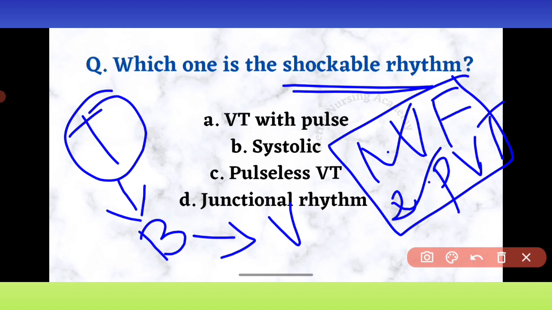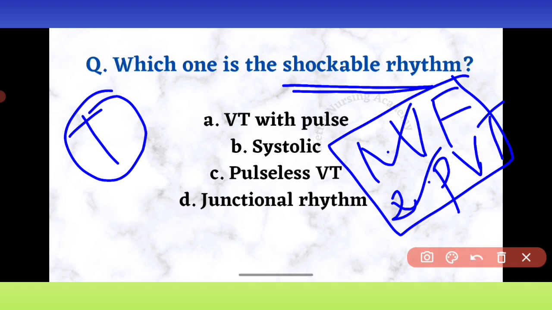Because the heart, especially the ventricles, are pumping very rapidly. There is no rhythm, so it is not giving time for the blood to fill in the ventricles, so there is no outflow or output of the blood. There is no cardiac output. So if there is no cardiac output, how will the pulse be present? There will not be any pulse.